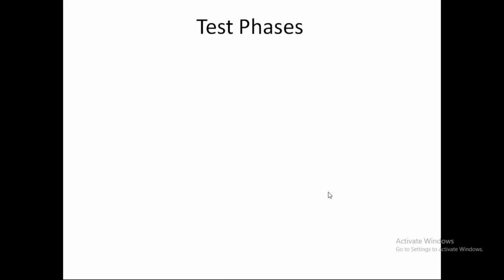In agile, you will divide these phases into different sprints, and in the waterfall model you will divide these phases as per the project plan, like the first phase, the second phase, the third phase, and so on. Clear, all of you? Most of you who have done performance testing would be aware of these test phases, so let us go through it.